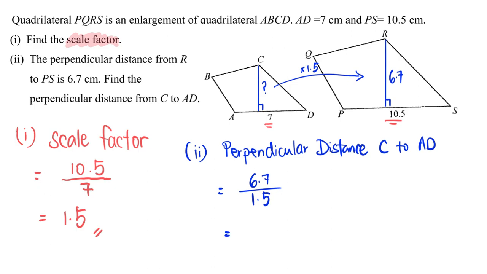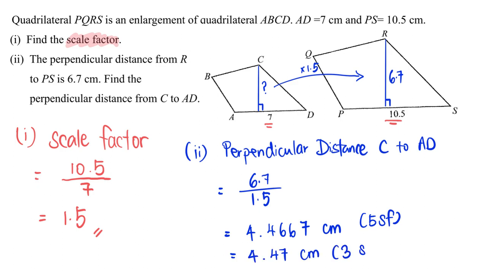So this will be equal to 4.4667 cm. This is to 5 SF, followed by 3 SF, 4.47 cm. Alright, and let's move on to the next question.